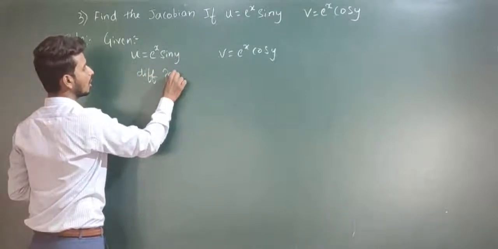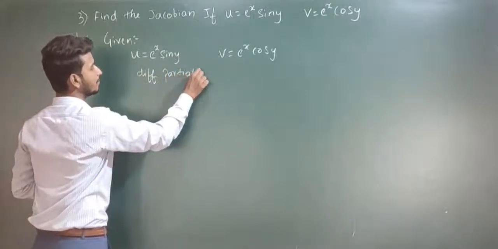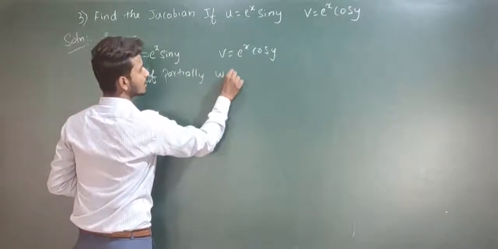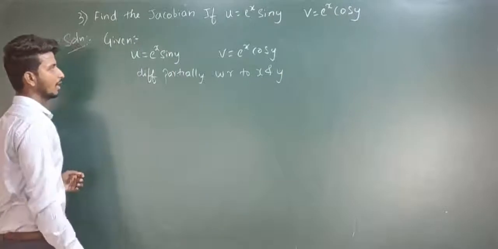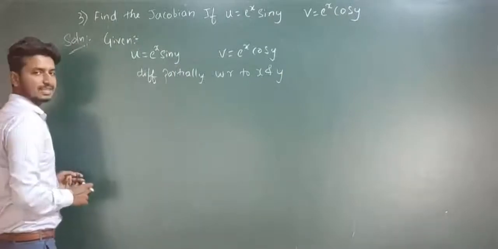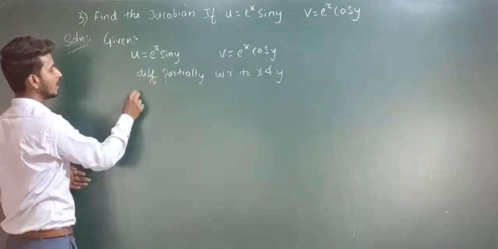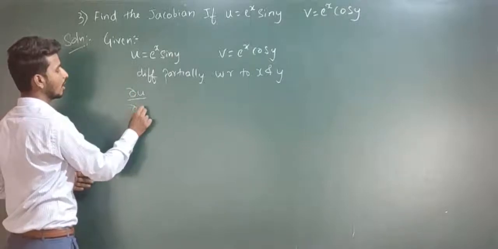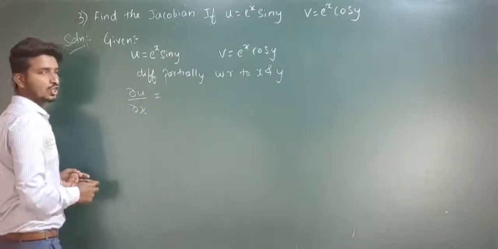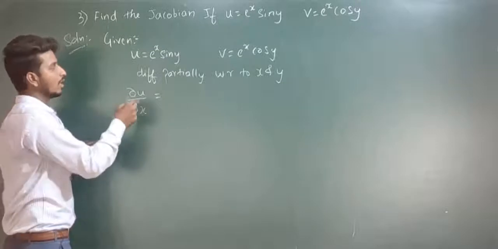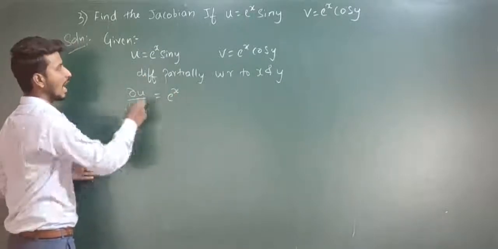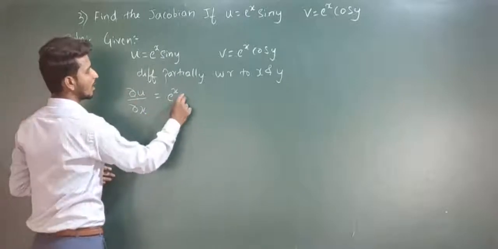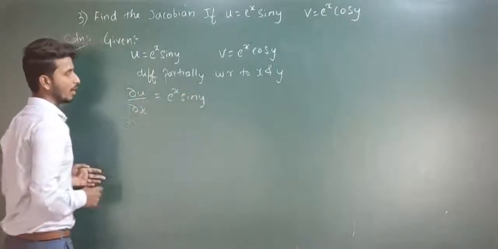Differentiate partially with respect to x and y. We have to differentiate first this with respect to x, that is dou u by dou x, and differentiation of e raised to x will be 1 into e raised to x, that is e raised to x as it is, and the constant term you can write as it is, sin y.